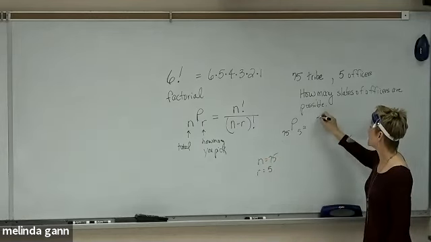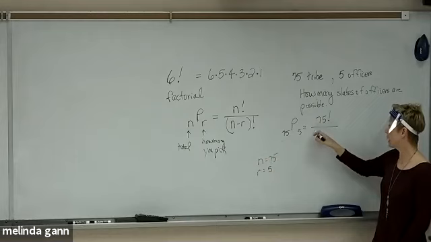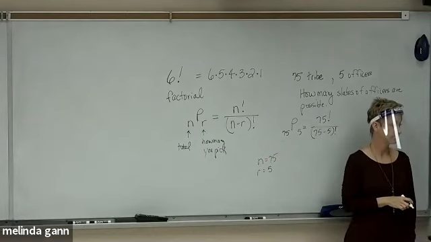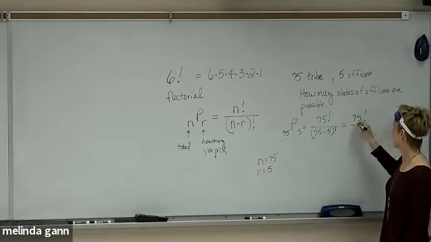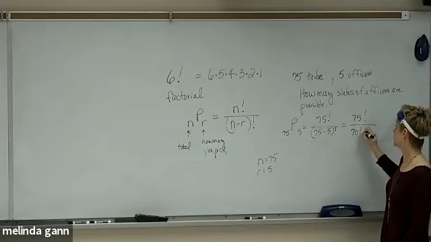So I have 75 factorial over 75 minus 5 factorial. Now, what's 75 minus 5? 70 factorial.